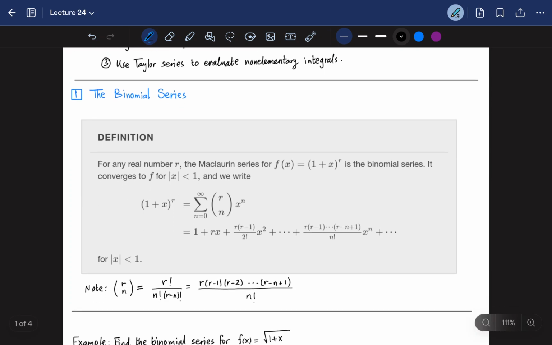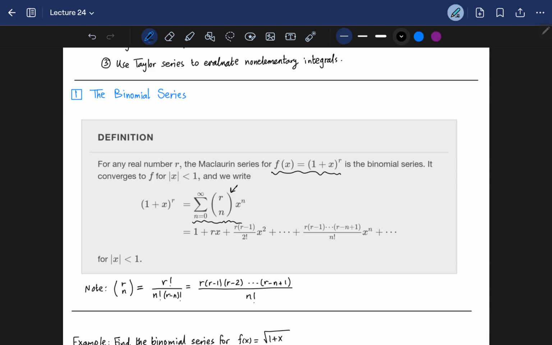The binomial series is actually the Maclaurin series for a function of this form. If I have a function f that looks like 1 plus x raised to a certain exponent r, we can find the binomial series or the Maclaurin series for it using this summation formula. This here is called the combination.